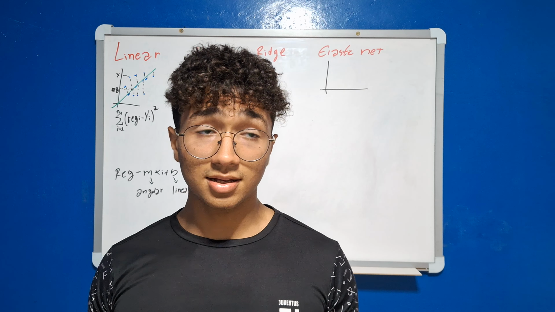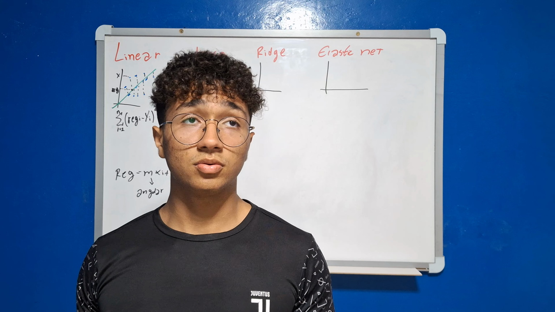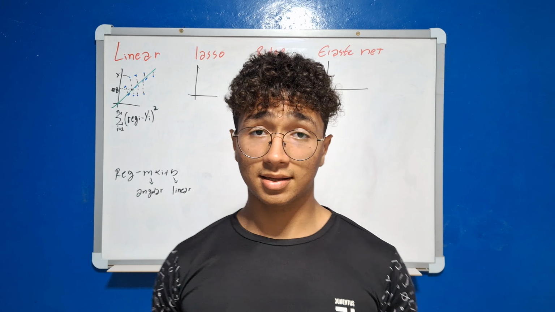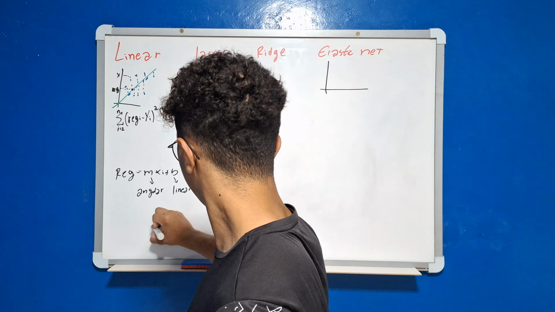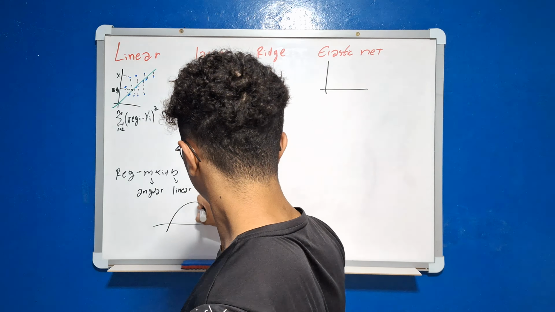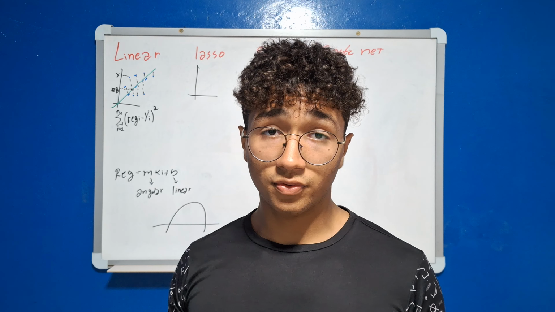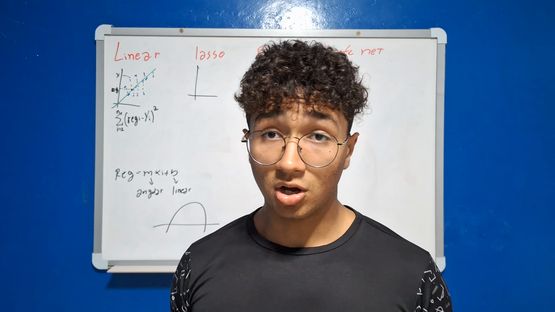To optimize it, we will go back, like a parabola. I will draw a parabola for you. This stands for the minimum of the function and the maximum of the function.